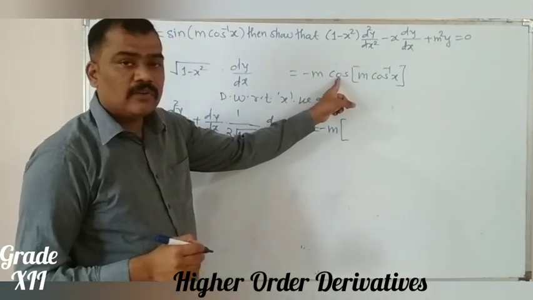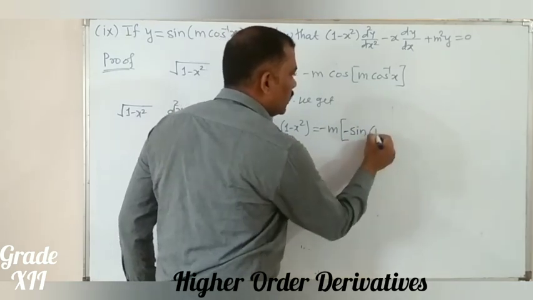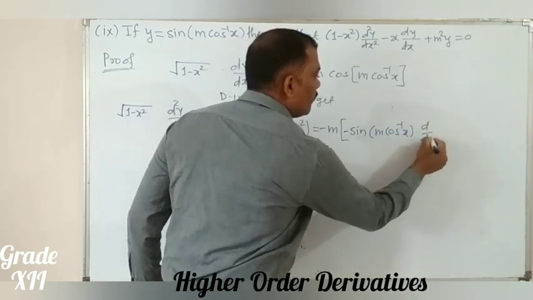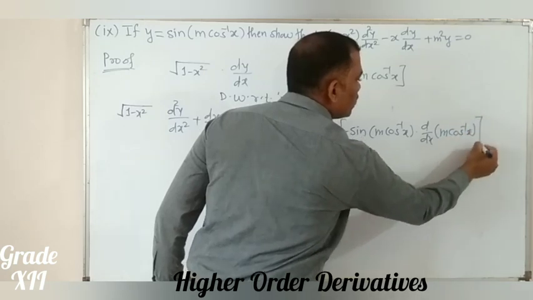First we keep the finger on cos. What is the derivative of cos? It is nothing but minus sine, angle as it is, m cos inverse of x, into d dx of m cos inverse x.